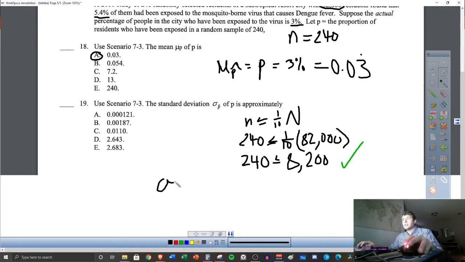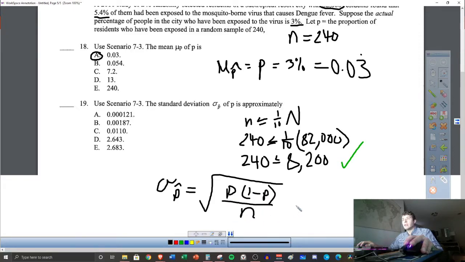So we want the standard deviation, sigma of p hat. And remember that formula is the square root of p times 1 minus p over n. So that's going to be 0.03 times 1 minus 0.03 over 240.